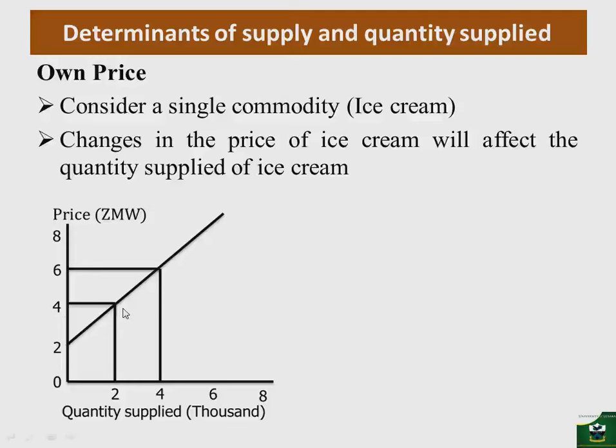Price goes to 6, quantity supplied increases to 4,000. Therefore, we see that there is a direct relationship between price and quantity supplied, and therefore price causes a movement along the supply curve, and this price will not shift the supply curve. Let's look at other factors, and these factors will shift the supply curve if anything happens to them.